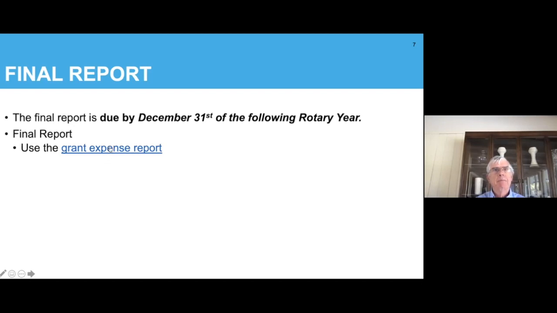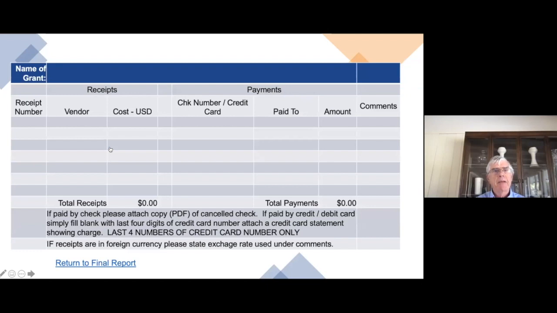Okay, Tim. The grant expense report. DACdb is creating a version similar to what you see on your screen. This is one that we developed to help us this year. So what we would ask you to do is please number and list all of the receipts under the receipts column.